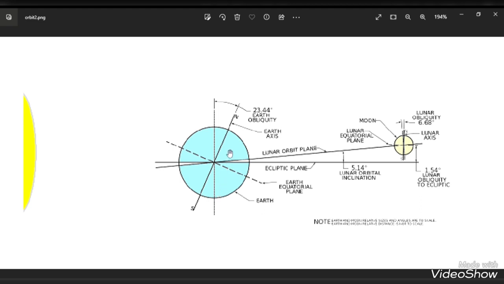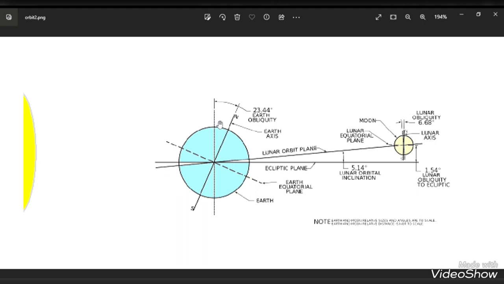The earth is spinning around this axis, which is not perpendicular to the plane of rotation around the sun. This is the plane of rotation around the sun, and this axis is not perpendicular to this plane.